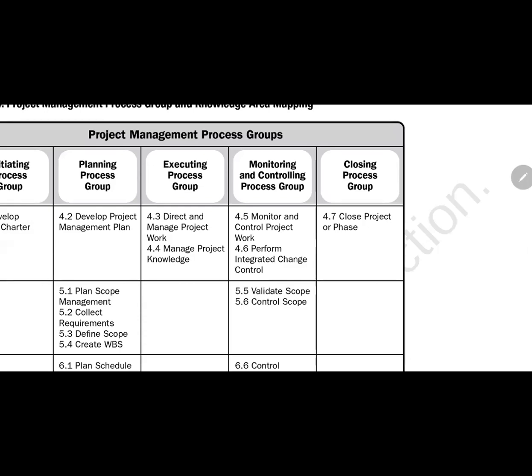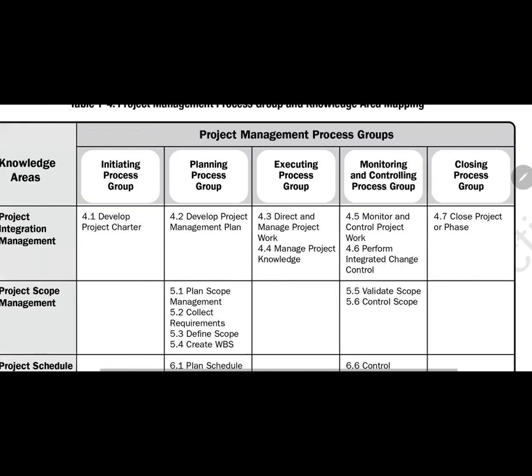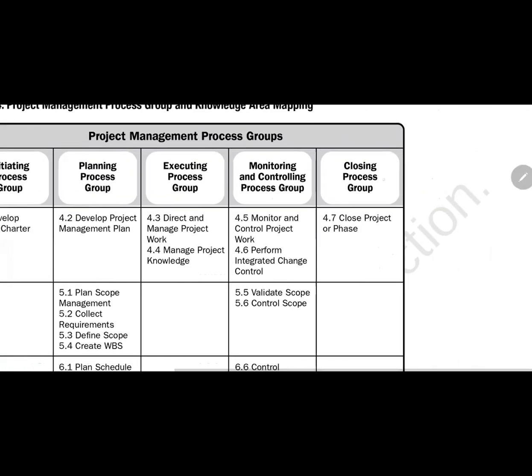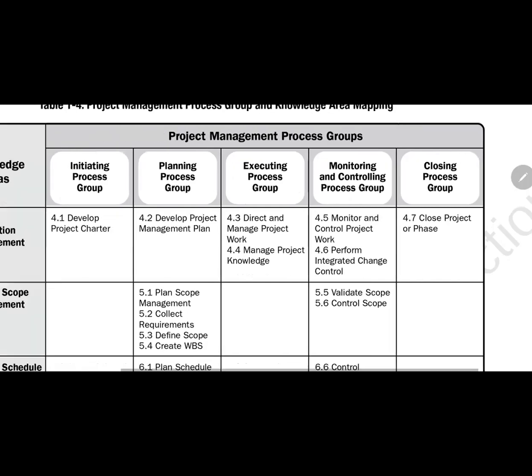closing the phase process. Okay, so understand that the initiating process group initiates a project and also initiates a new phase of an ongoing project, while the closing process group also closes a phase and also closes the overall project. We get the point there, see? So that is interesting.